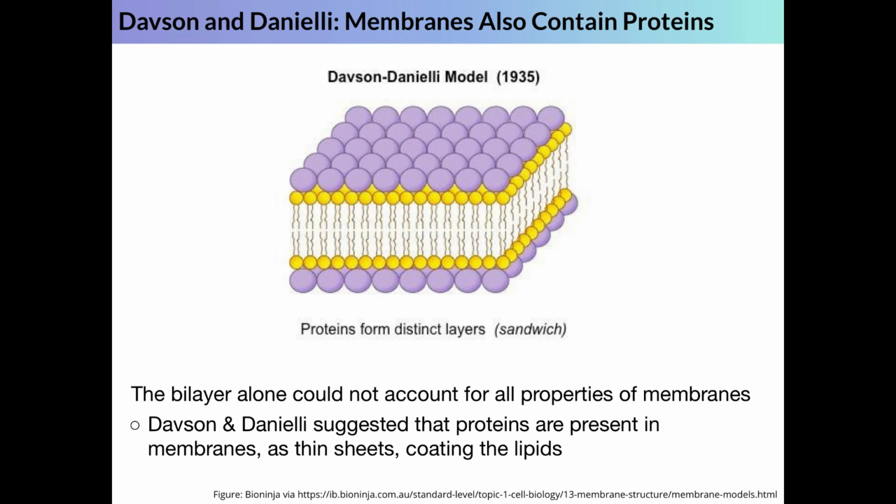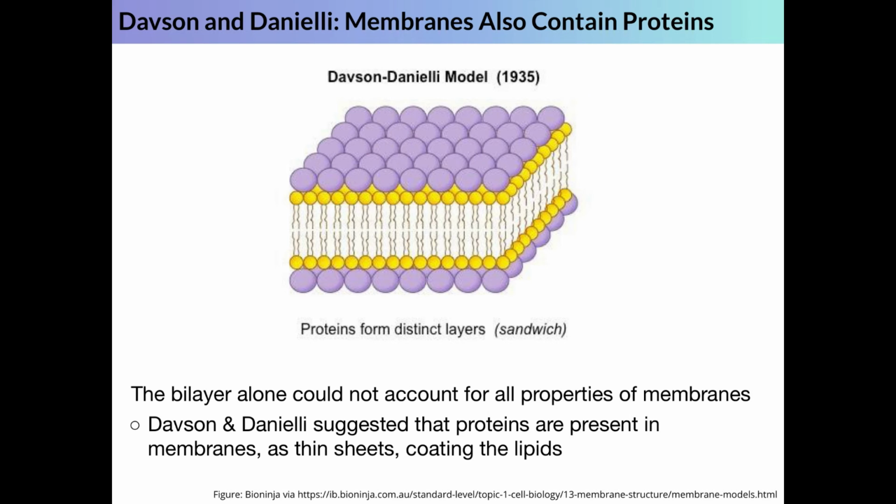It was also observed that a pure phospholipid bilayer was almost completely impermeable to ions and to other solutes like glucose and amino acids. But a living cell was observed to be able to exchange these types of solutes with its environment. So there has to be something to account for that difference in permeability.